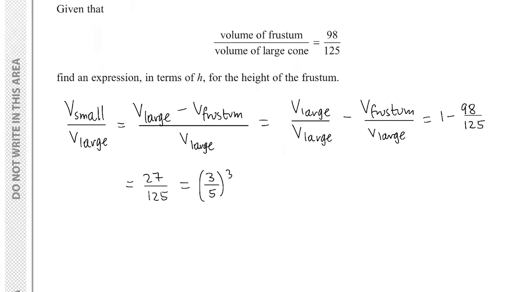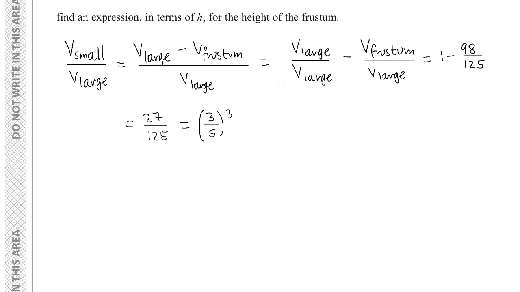And suddenly things start to click into place, because we do know that for similar shapes, if the length gets multiplied by k, the volume gets multiplied by k cubed. So we've got the small cone, we've got the large cone, and if the length gets multiplied by k, the volume will be multiplied by k cubed.